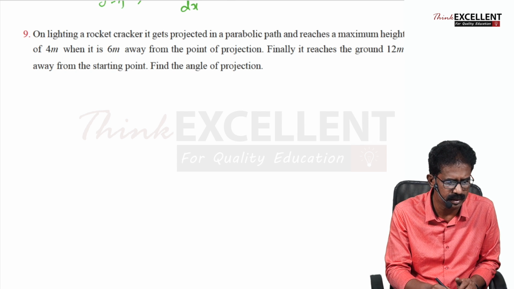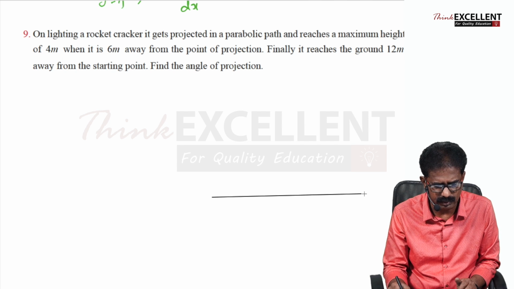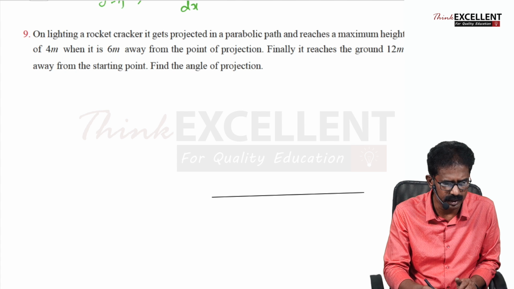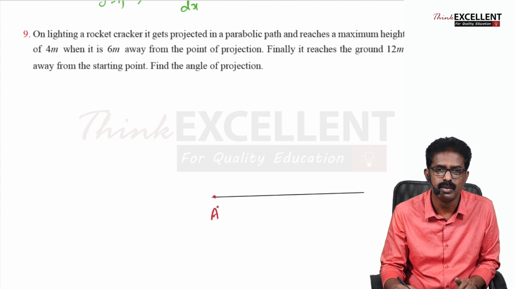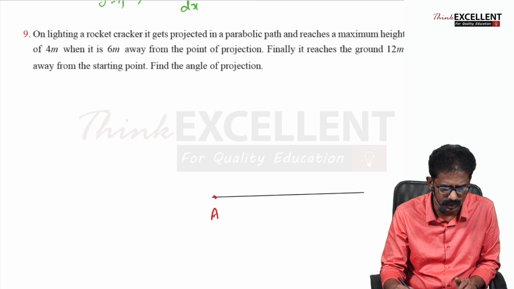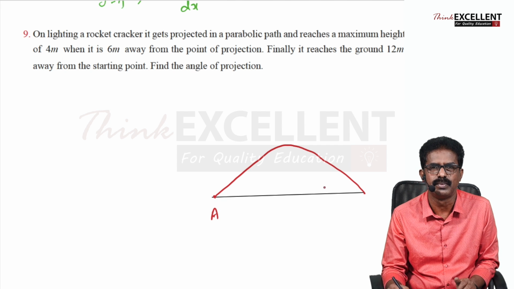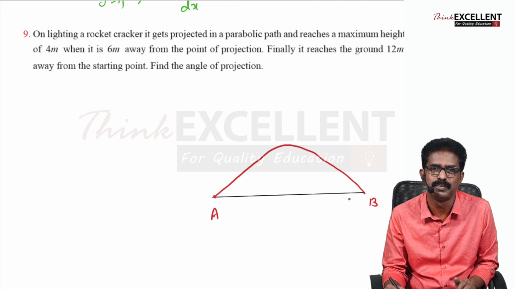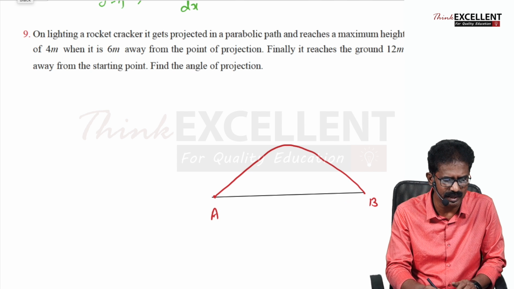So we take a ground, you take like this, say this is the ground. Then you are lighting a rocket cracker from this point A. It moves like this, it goes up and falls on the ground, right? It reaches the ground at B. And something is said, it takes the maximum height, everything given, right?